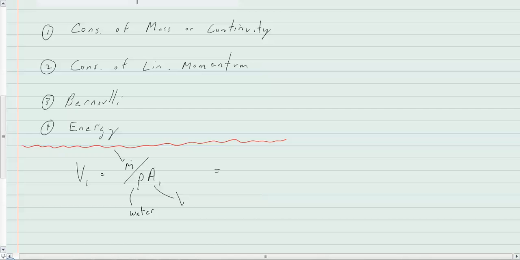So we could write it out as 32 kilograms per second divided by 1,000 kilograms per meter cubed times an area of 0.002 meters by 0.4 meters.